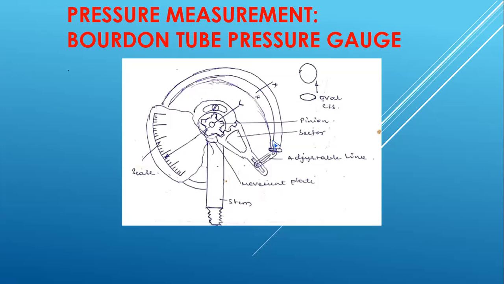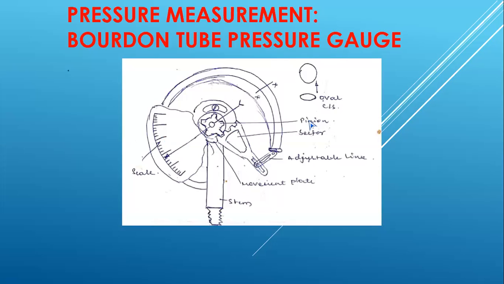Due to that, there will be elongation of the rubber tube, and the adjustable link is pulled in the outward direction so that the rack moves in the forward and backward direction. If the pressure increases, the rack moves in the forward direction. Due to that, the pinion is rotated by the rack, so that the dial indicates the pressure inside the air tank. This is the principle of operation of the Bourdon tube pressure gauge.